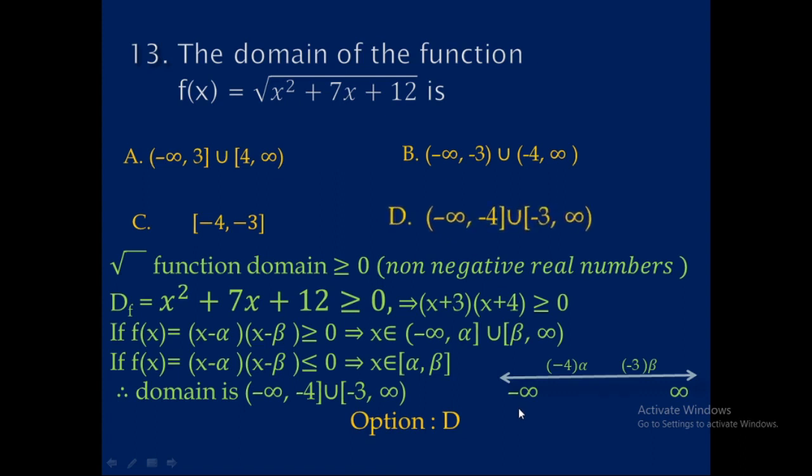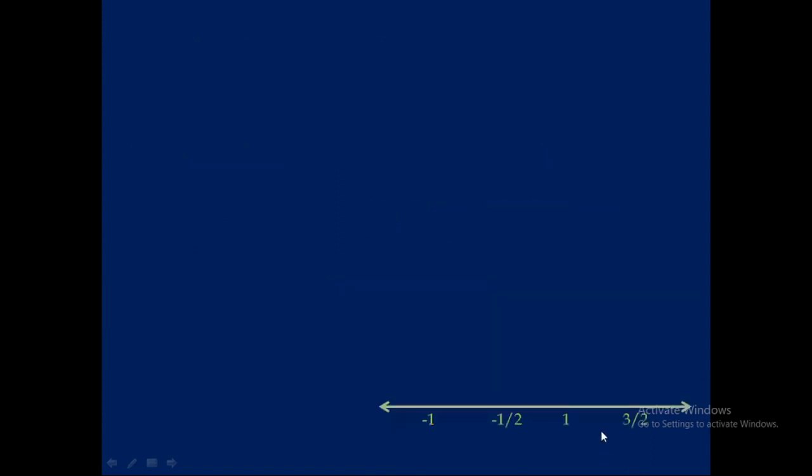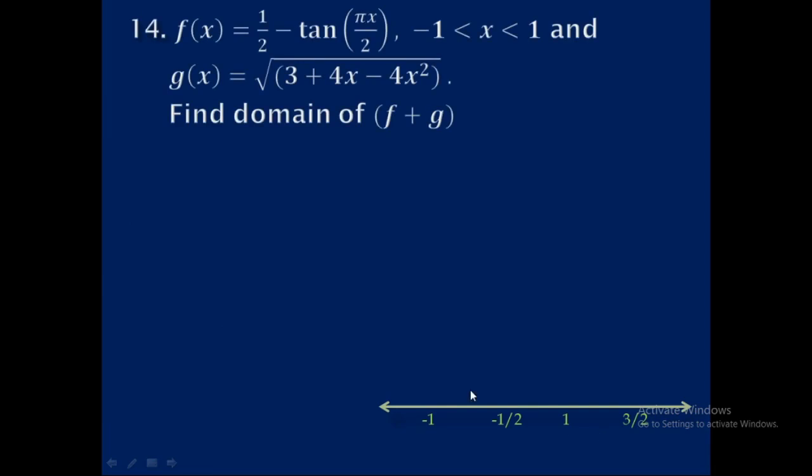The next, 14th question. If f of x is equal to 1 by 2 minus tan of pi x by 2, where x lies between minus 1 and plus 1, and g of x is the root of 3 plus 4x minus 4x square, then find the domain of f plus g.